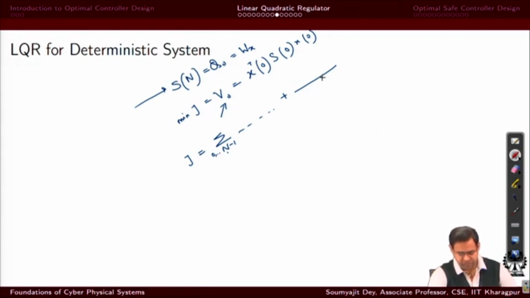Now, going inside that, let us calculate the partial sum starting from the kth step up to the nth step. That means we are trying to figure out these control inputs u k plus 1 up to u n minus 1.